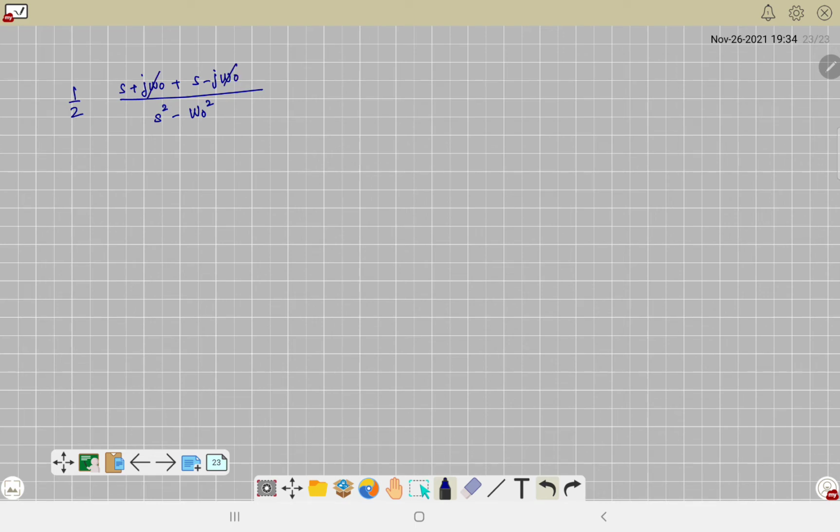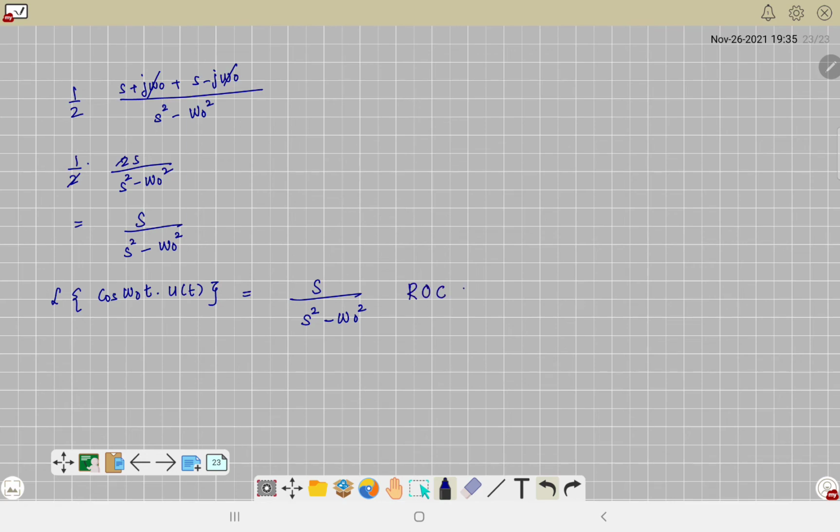So this and this will go, then s plus s is 2s, so it will be 1 by 2s divided by s square minus omega naught square, which will be s divided by s square minus omega naught square, right? So Laplace transform of cos of omega naught t u of t is equivalent to s divided by s square minus omega naught square, with the region of convergence being sigma greater than 0, right?